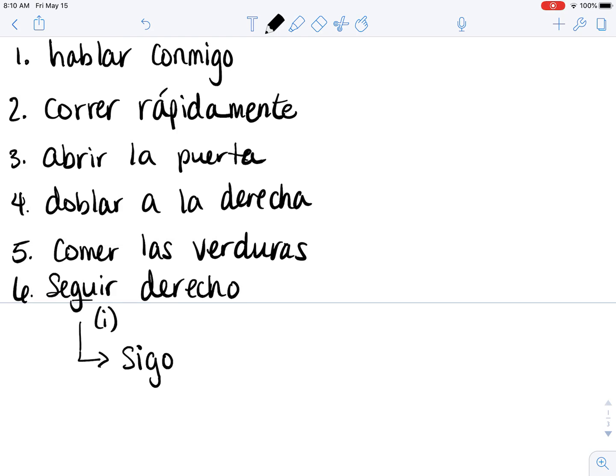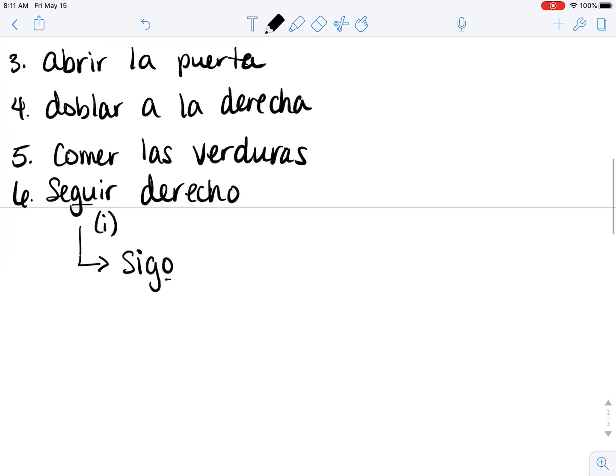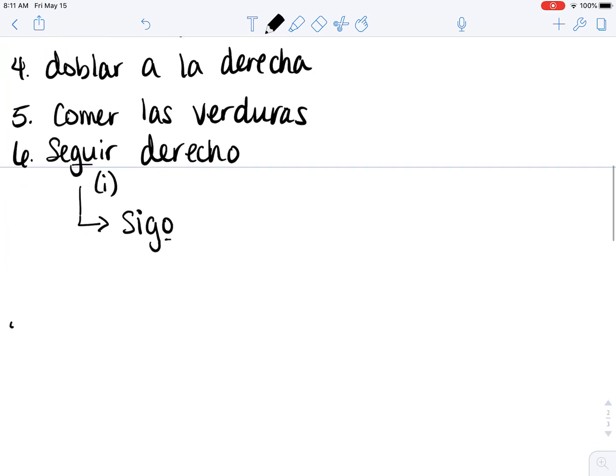Because of this, we don't have the G followed by an E or an I. It's followed by an O, or in our command form, it'll be followed by an A. The G can stand alone, so it doesn't need that U helper that we had up here. So just keeping that in mind, I kind of helped you along with your answer for that.